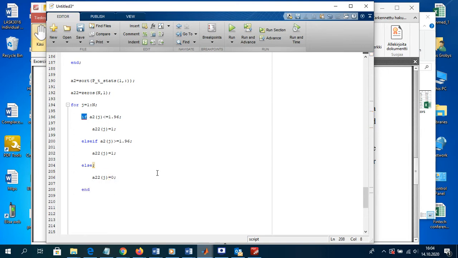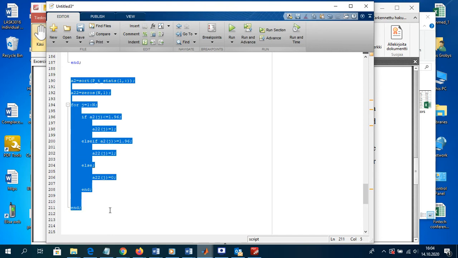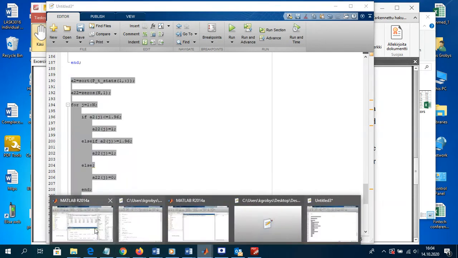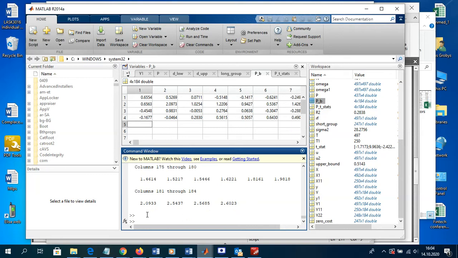Now we have to end the if command and end the for loop. This is always what we have to do. Then we can copy this part of the code into the command window, and let's see what comes out.